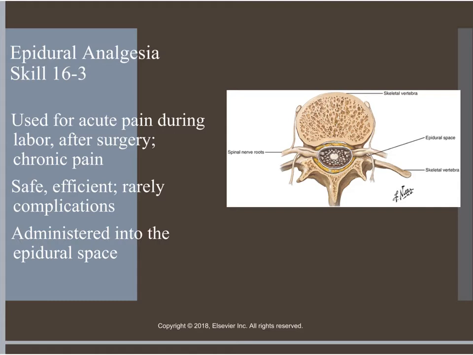The epidural space is a potential space that contains a network of vessels, nerves, and fat. It is located between the vertebral column and the dura mater, the outermost meninges covering the spinal cord.